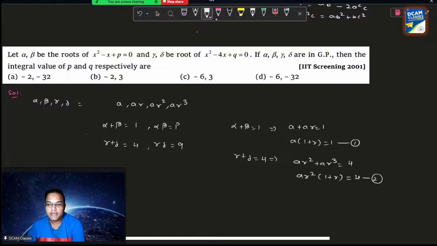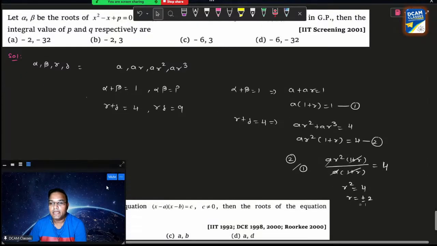Now, if you take second by first, you'll get the value of R. ar square into 1 plus r divided by a into 1 plus r is equal to 4. So r square is equal to 4. The R value you are going to get is plus or minus 2.